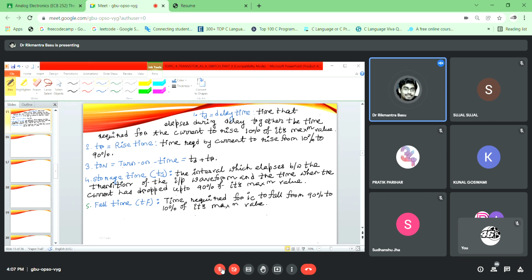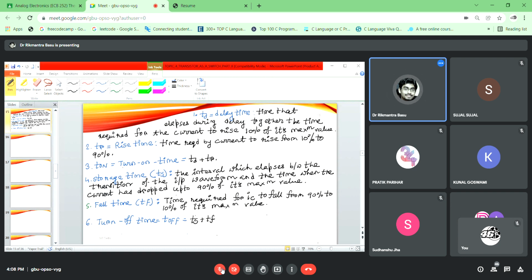And finally, it gets concluded with the turn off time, T off, which is equal to your storage time plus fall time.